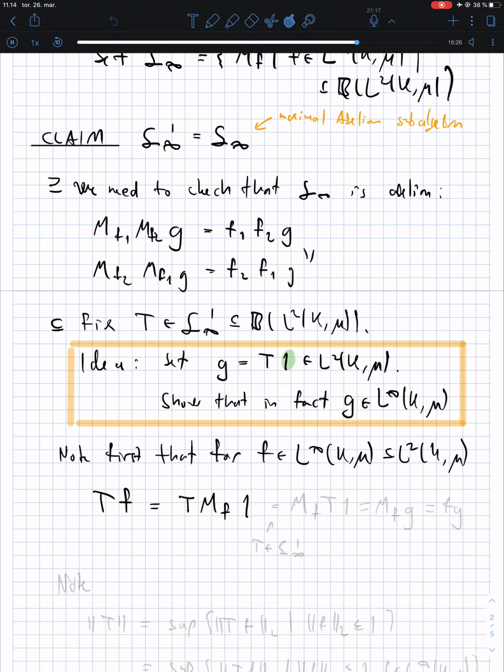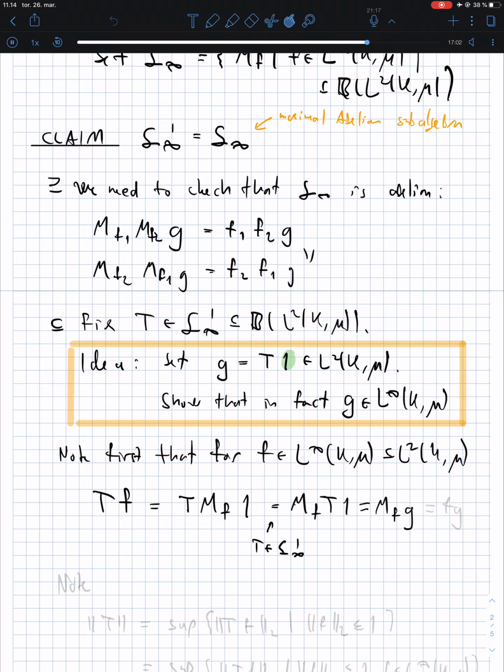Why is this true? Well, first of all, Mf makes sense because f is an L infinity function. When I'm applying Mf to 1, of course I get the product of f and 1, which is just f, so that's the same. And now I can use my assumption, namely that T commutes with everything in L infinity, to see that this is the same as Mf of T1. And I've defined T1 to be called g, so this is Mf of g.